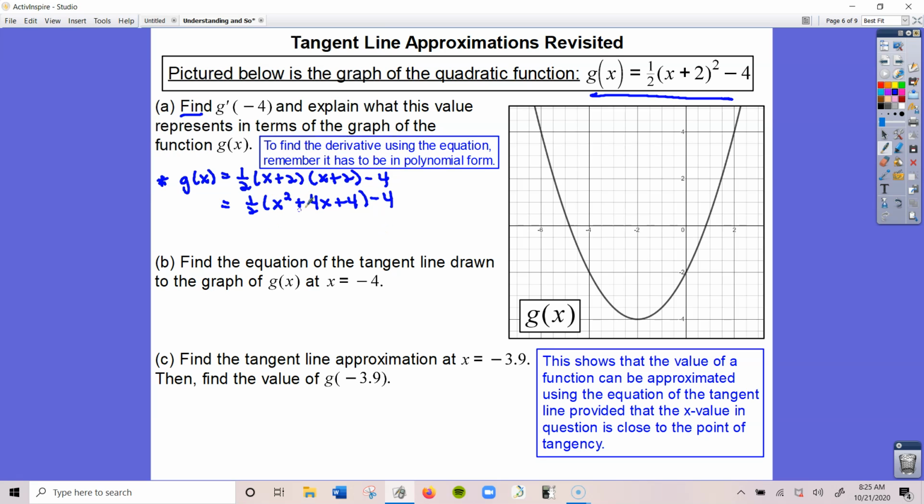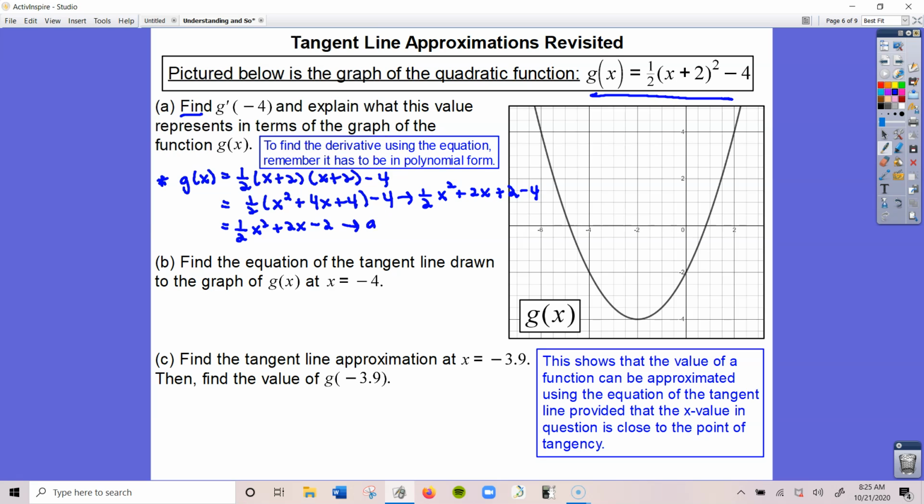Now I'm going to distribute the 1/2, which would equal 1/2 x squared plus 2x plus 2 minus 4. And finally, just combine those last like terms. So 1/2 x squared plus 2x minus 2.